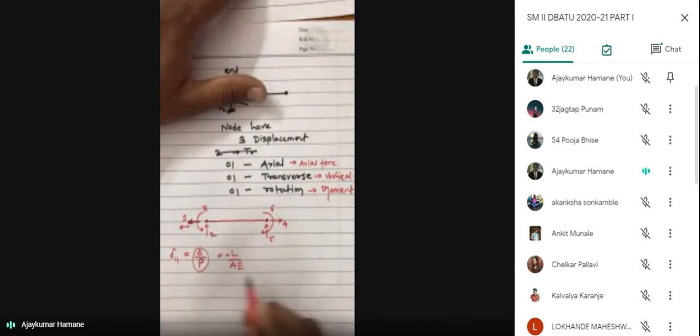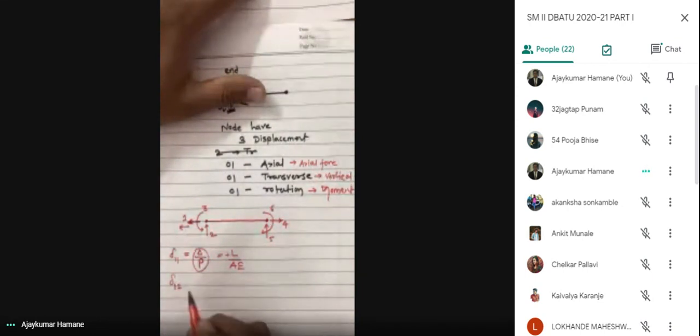Now what is delta 1,2? What is the displacement along the axial direction when we apply the force along 2? It is 0.